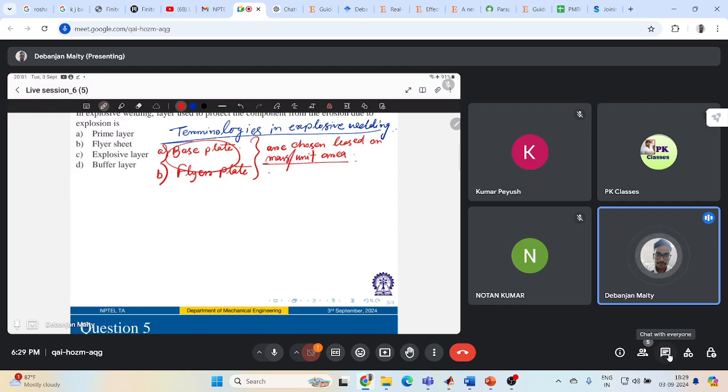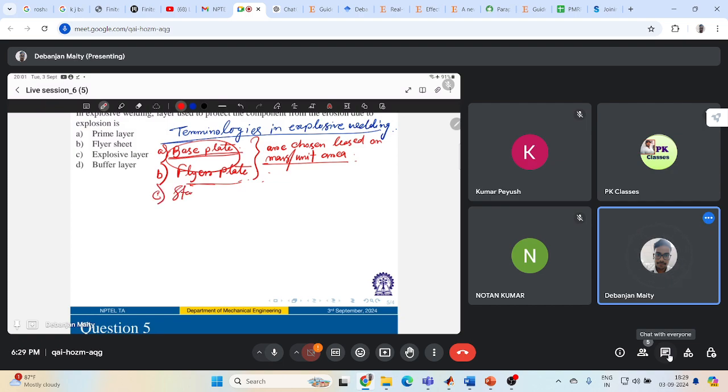So which one should be placed above? Its mass per unit area should be less or high? I was talking about this must be rigid, right? So the density should be much higher for the base plate compared to the flyer plate. So mass per unit area for the flyer plate will be less.